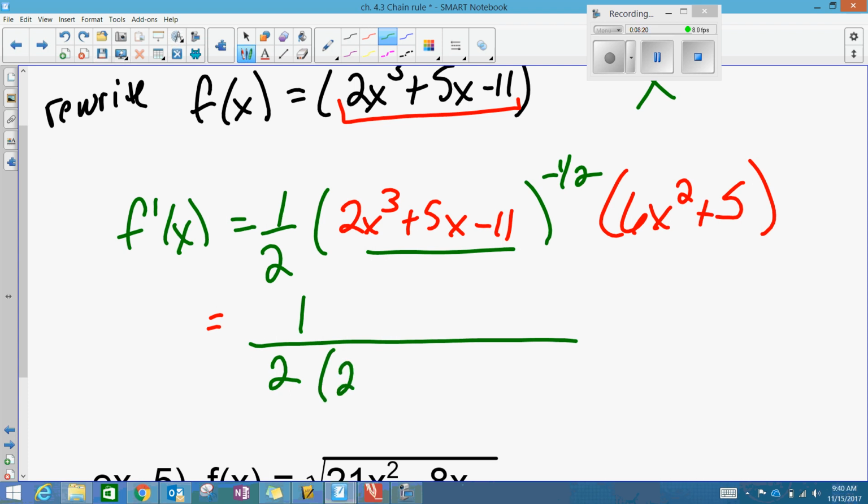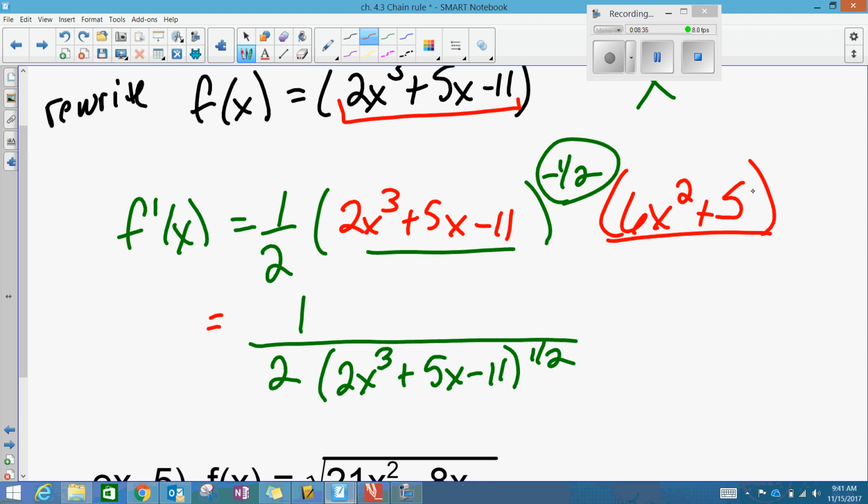So I get 2x to the 3rd plus 5x minus 11 to the 1/2. So I've just addressed that negative exponent by bringing it down. And now this 6x squared plus 5 is a positive exponent, so it stays on top. So I get 6x squared plus 5.